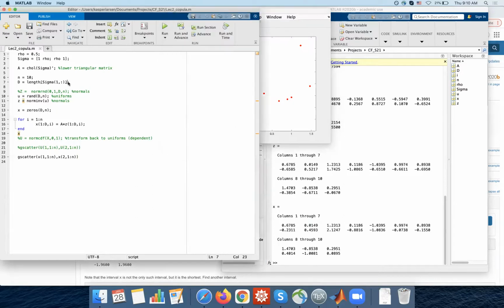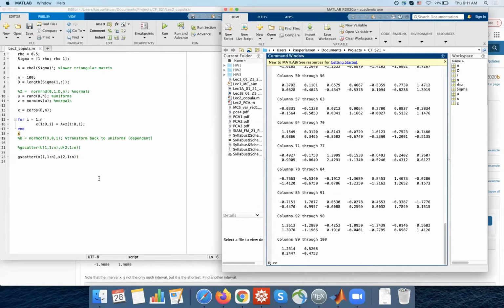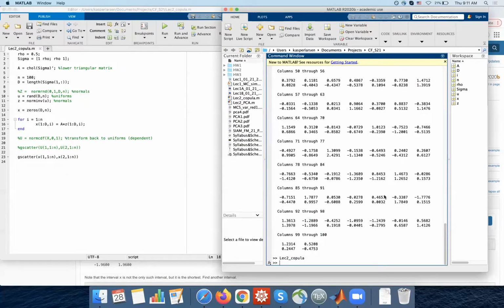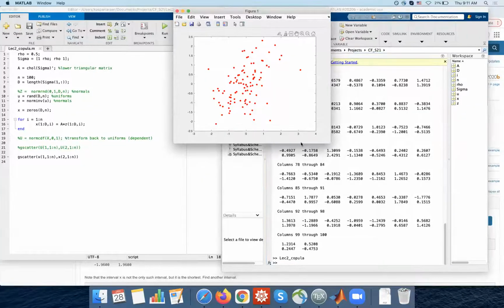And if I increase the number, you will see the pattern more clearly if I move up to say 100. Still plotting something. Now we see the picture.